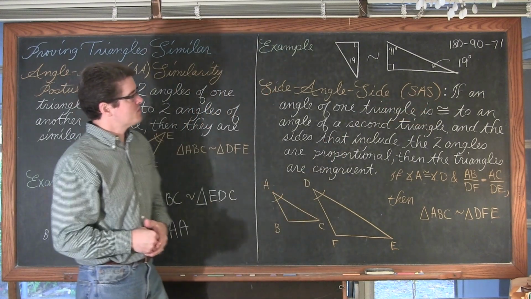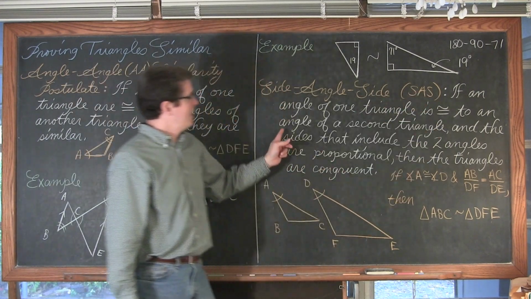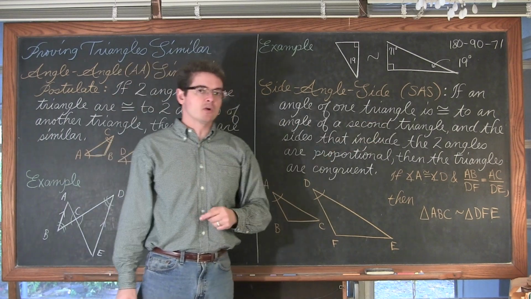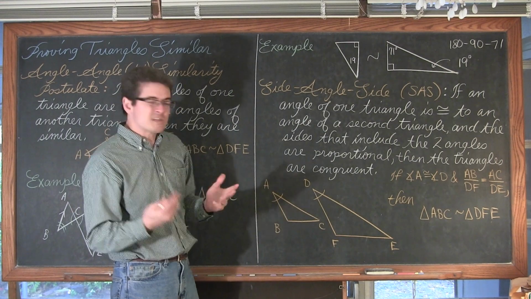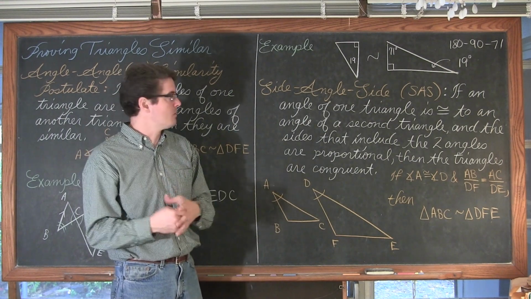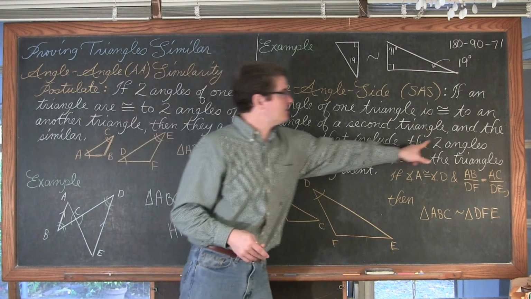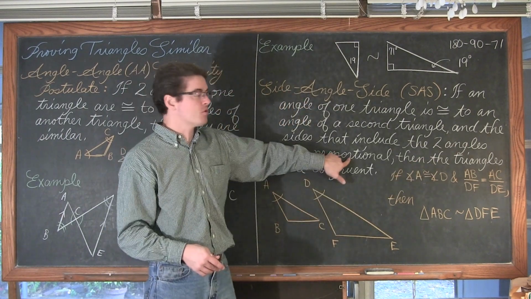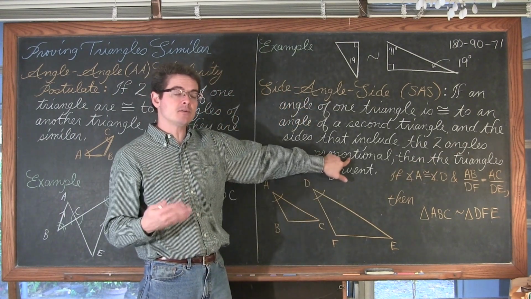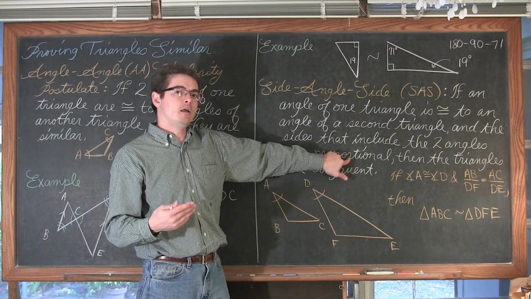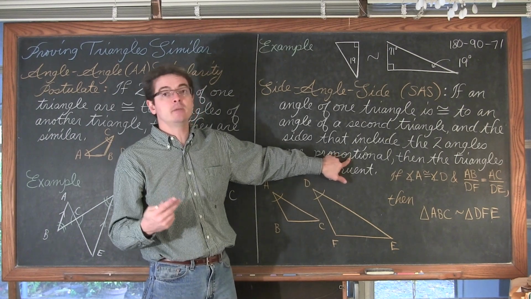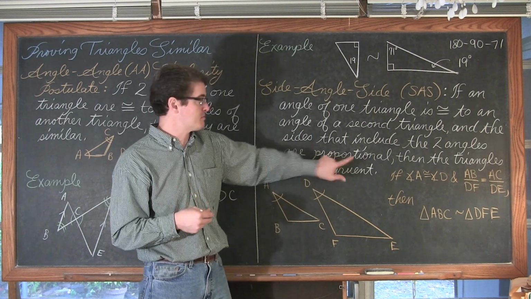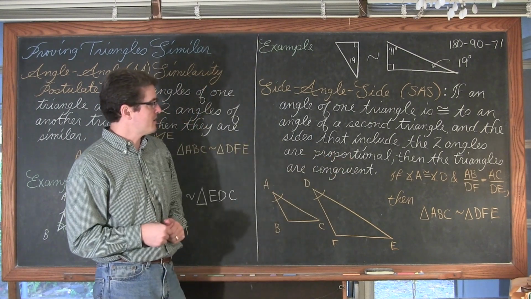If an angle of one triangle is congruent to an angle of a second triangle, so we have a pair of congruent angles, sounds a lot like when we were proving triangles congruent, and the sides that include the two angles are proportional. See, when we originally did the side angle side theorem, these two pairs of sides that included the angle had to be congruent or equal themselves, but now it's proportional. Then the triangles are similar.